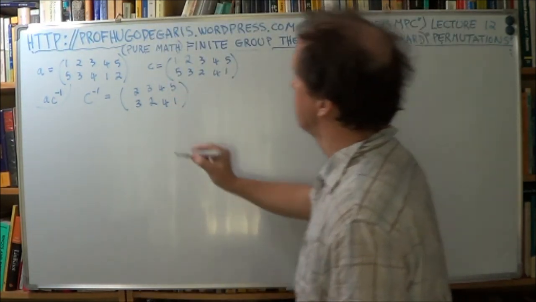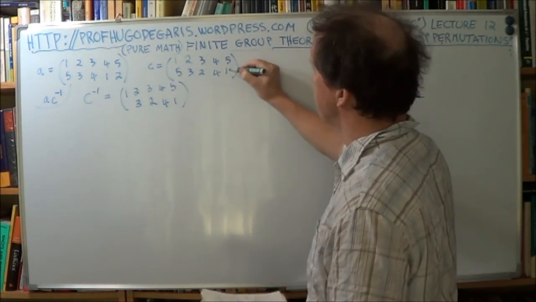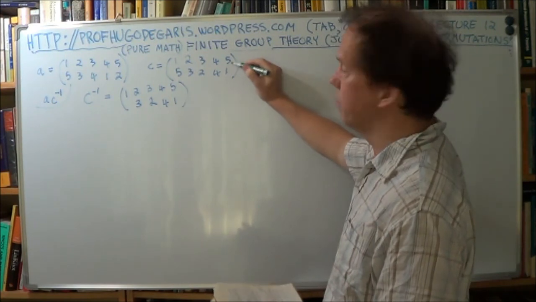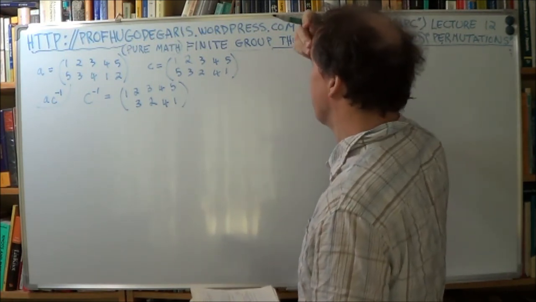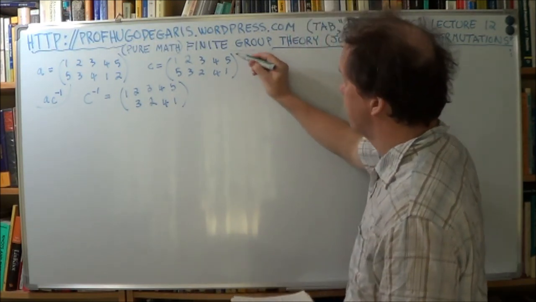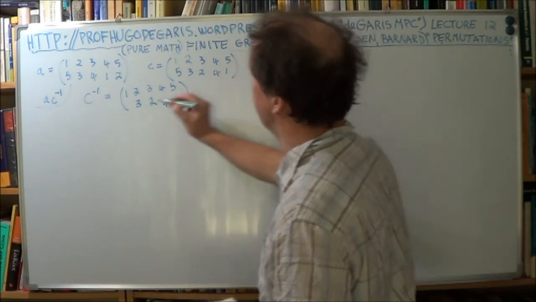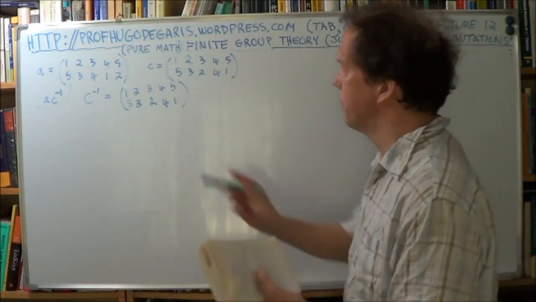That only leaves 1. 5 goes to 1, so you want 1 to go to 5. Okay, so there's the inverse. We now have C inverse.